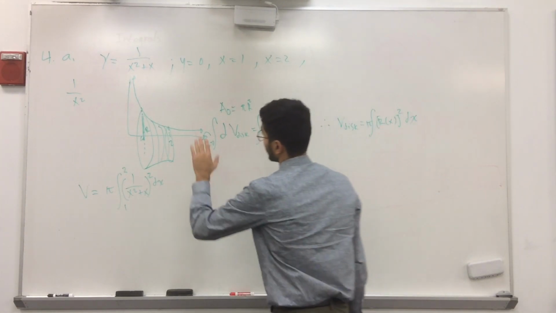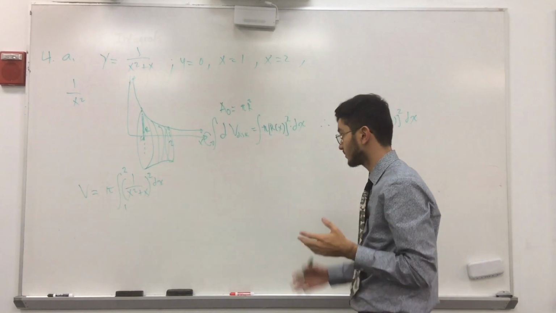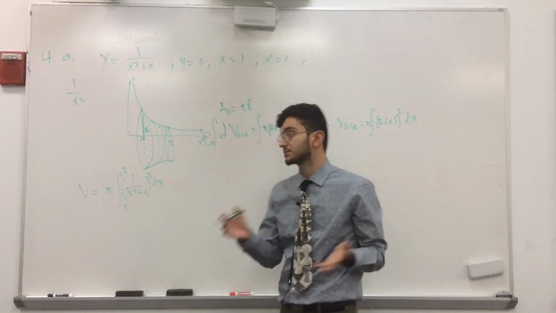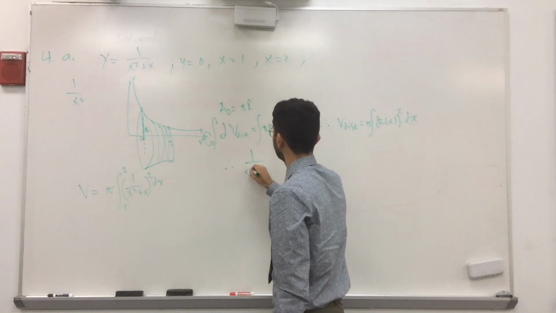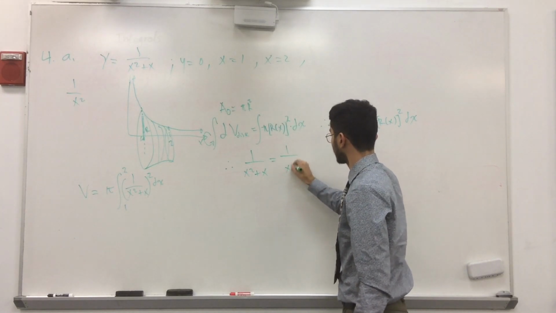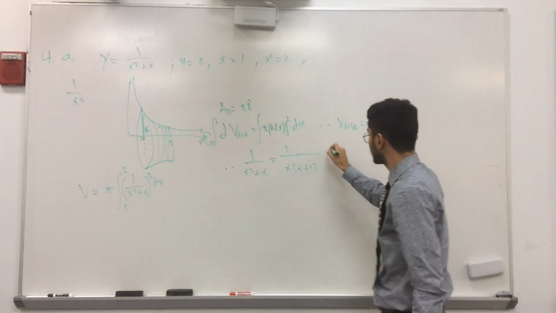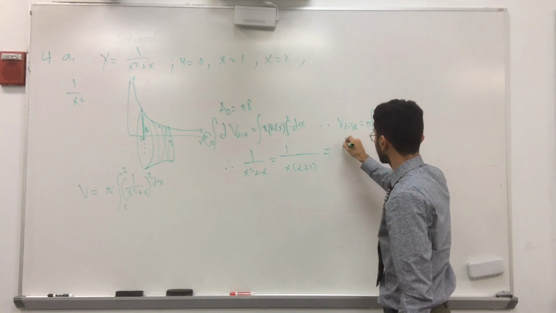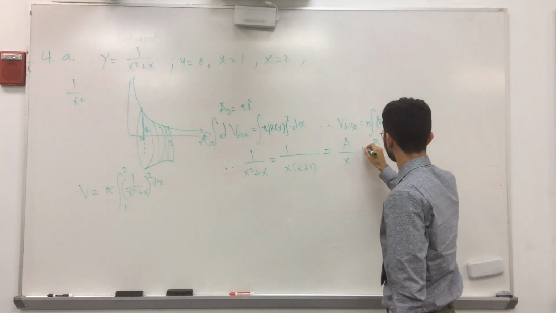What we want to do is split this function into a sum of partial fractions. So let's split 1 over x squared plus x. We factor it, and this is nothing but x times x plus 1. Using partial fraction decomposition, this is going to be some constant a over x, plus some constant b over x plus 1.